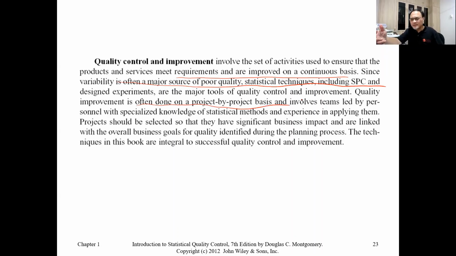So many companies, that's why previously we see QCC, quality control circles, or even today QIT, quality improvement teams. The main idea is to get people involved, workers involved, to give ideas and do improvement activities, so that at the end of the day, the customers will be satisfied. The problems highlighted by customers are resolved, addressed, solved. So it's a continuous journey.